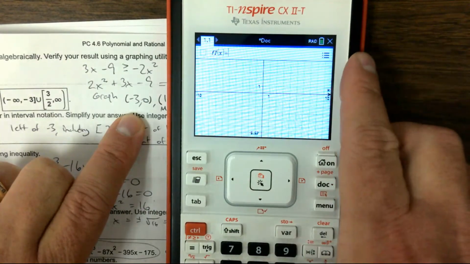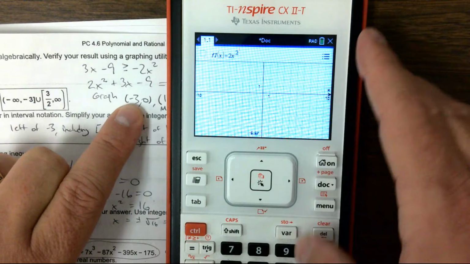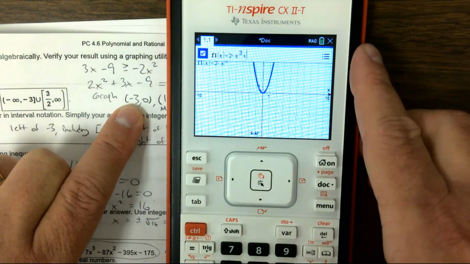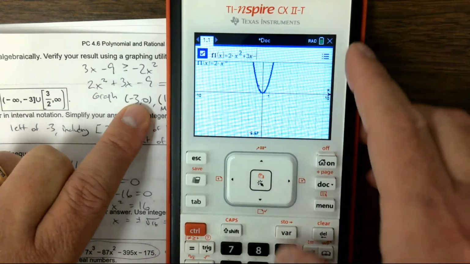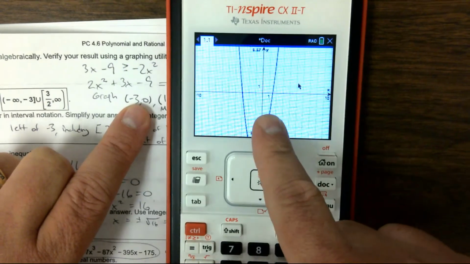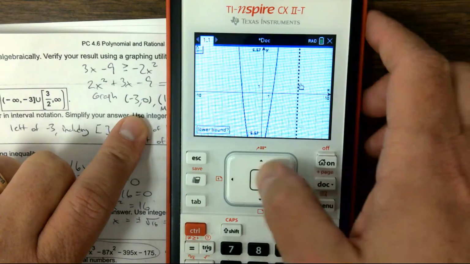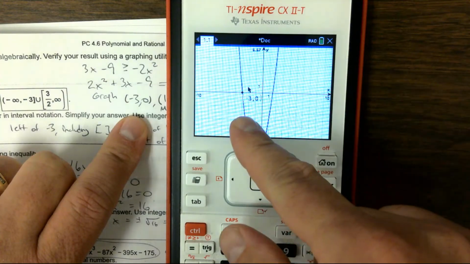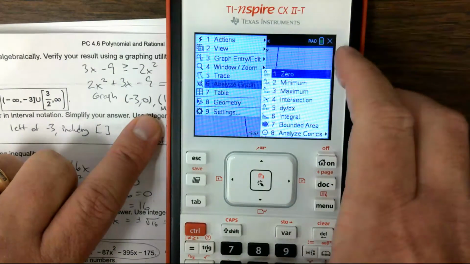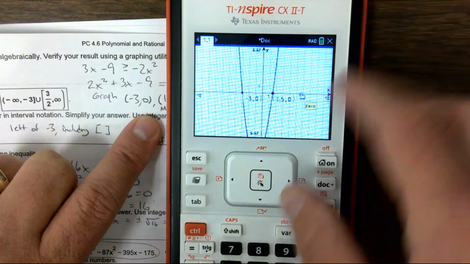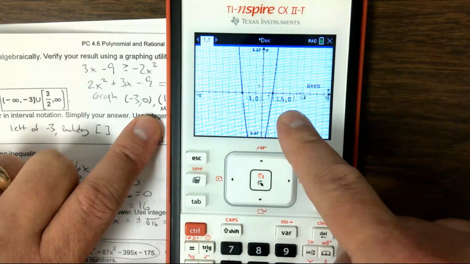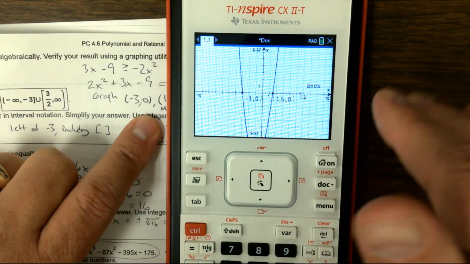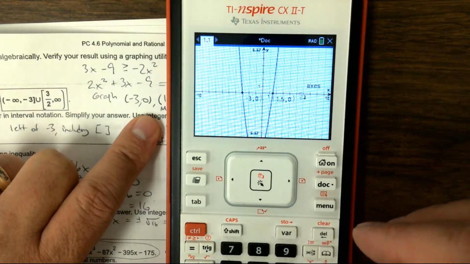So 2x squared plus 3x minus 9. Okay, there's our graph, and menu 6, 1 between here and here. That's your -3, 0. Menu 6, 1 between there and there. That's 1.5, 0. So sometimes you will get a decimal which would not show up in the table. Again, that's why you have to do your multiple methods.